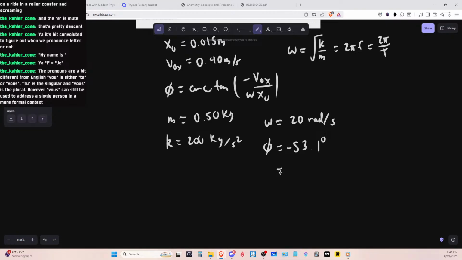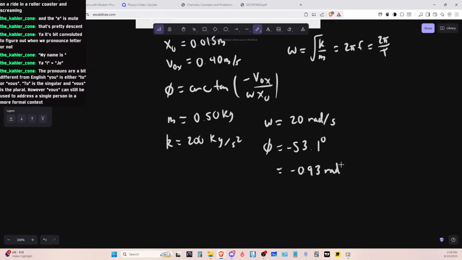So negative 0.40 over, oh no, 20 times 0.015. So that would be negative 0.90 radians.